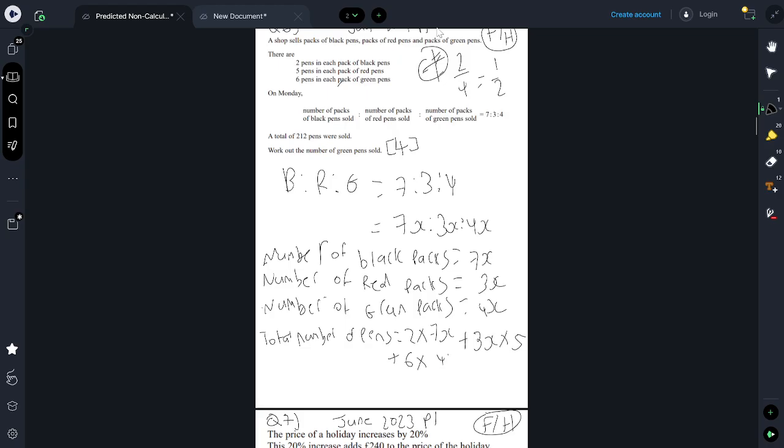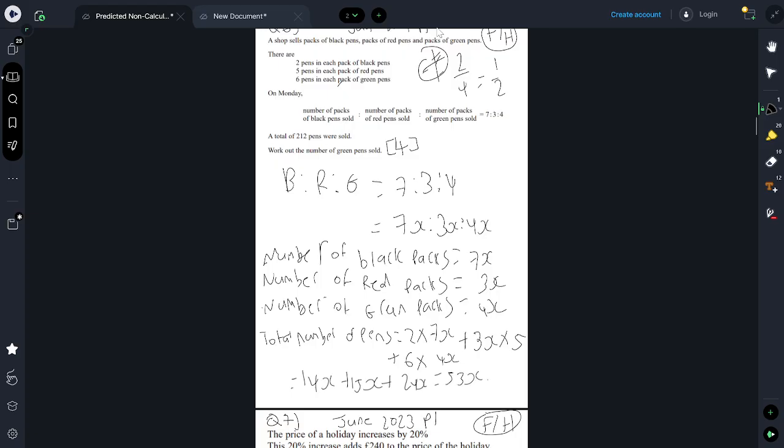Then let's simplify this a little bit. 2 times 7x is 14x, just times the coefficient. 3x times 5 is 15x, plus 6 times 4x, that's going to be 24x. If you collect like terms, 24 add 15 is 39, add 14, that is 53x.